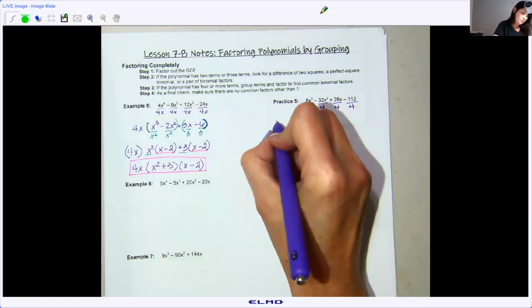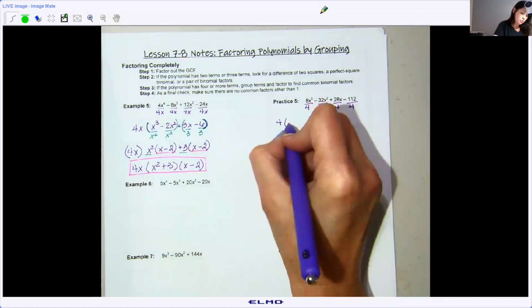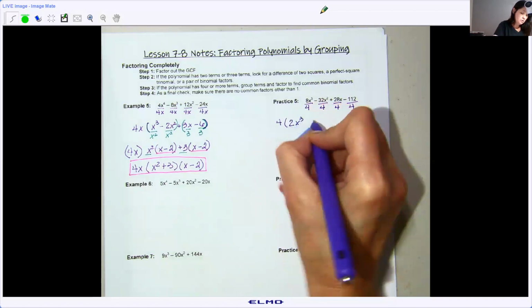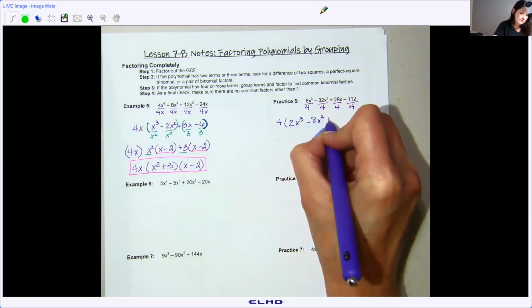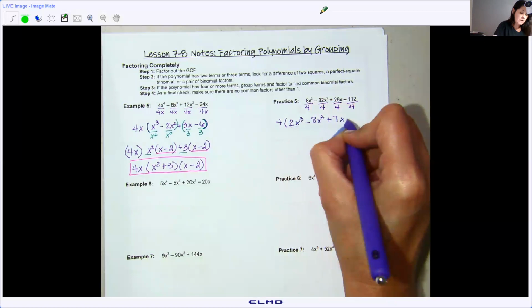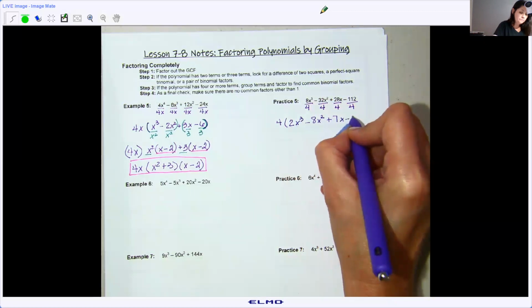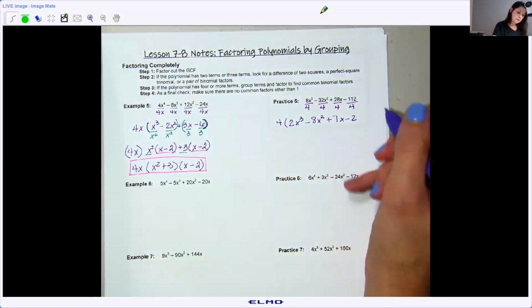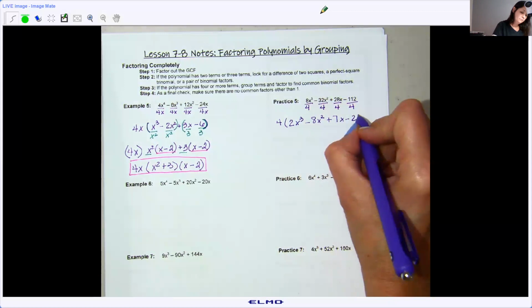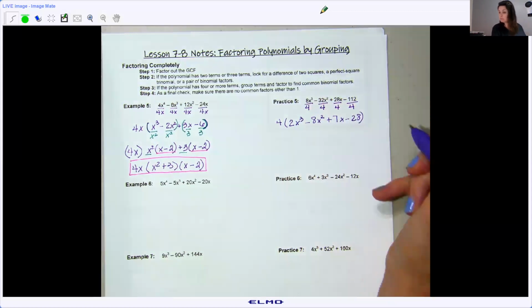Okay, so I have 4, and then 2x cubed minus 8x squared plus 7x minus 28. Is that right? Yeah, 28.